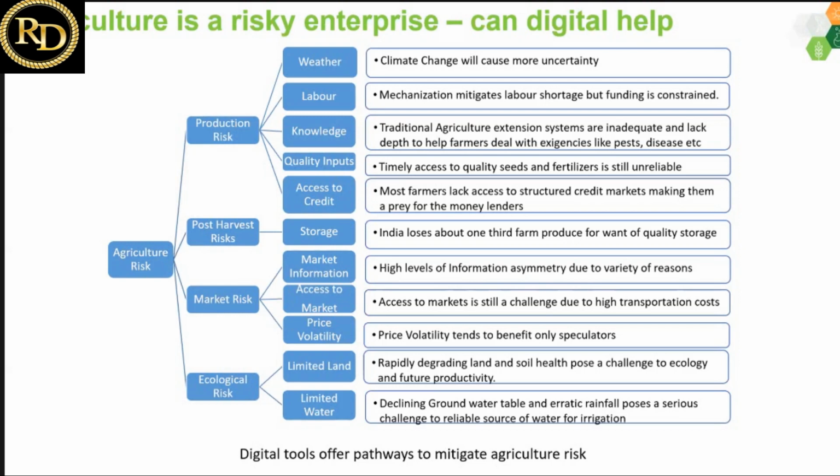Limited land and degrading soils and soil health pose a greater challenge to ecological and future productivity, because we have exhausted the nutrients in the soil. We are not adding any more nutrients, and we are not balancing the nutrients in the soil. That is why we are encountering more problems.